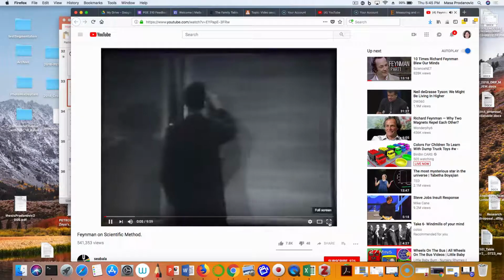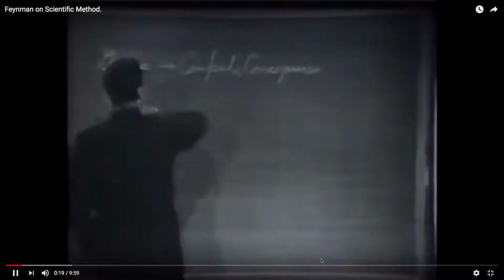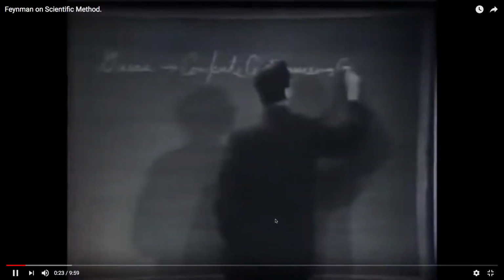We look for new law by the following process. First, we guess it. Then we compute the consequences of the guess, to see what it would imply if this law that we guess is right. And then we compare those computation results to nature, to experiment or experience, compare it directly with observation to see if it works.